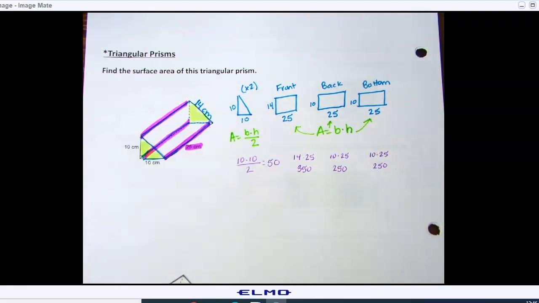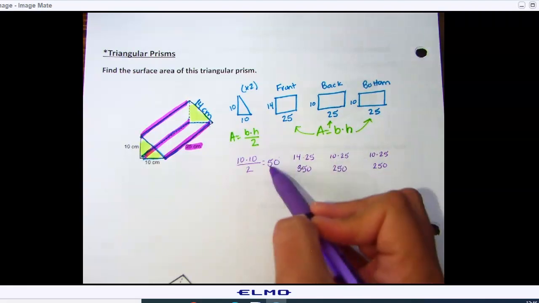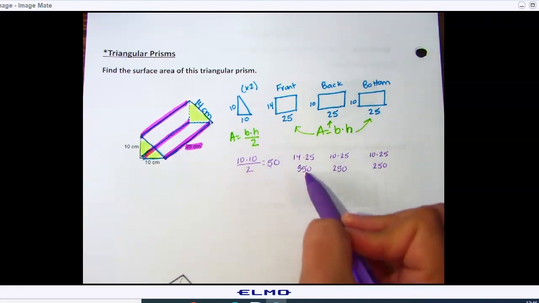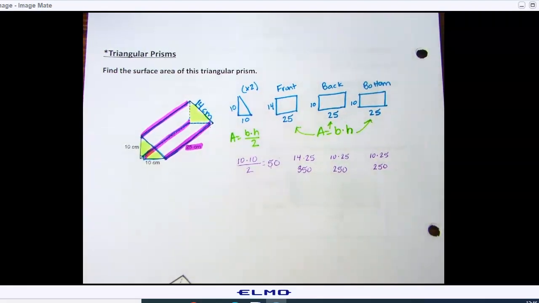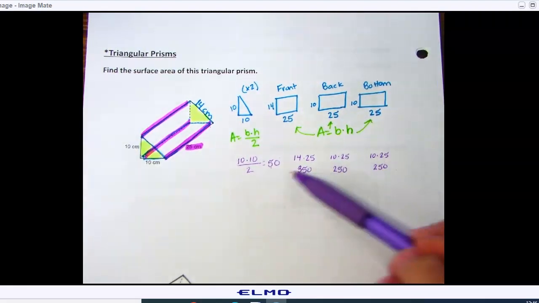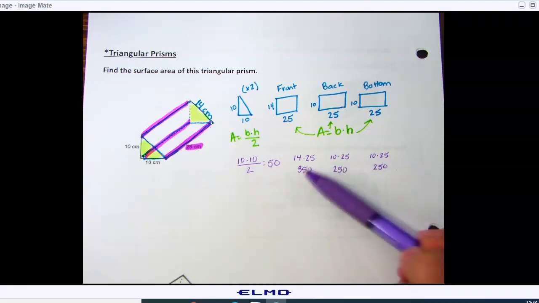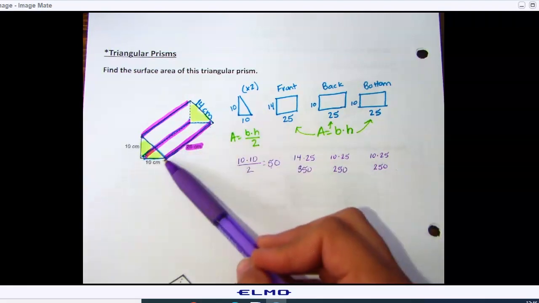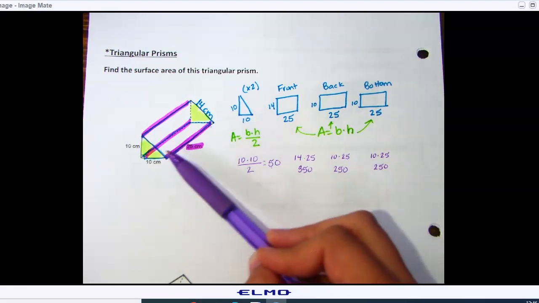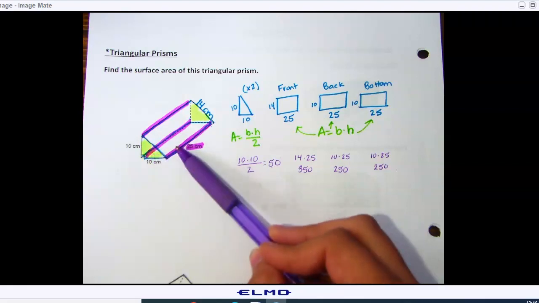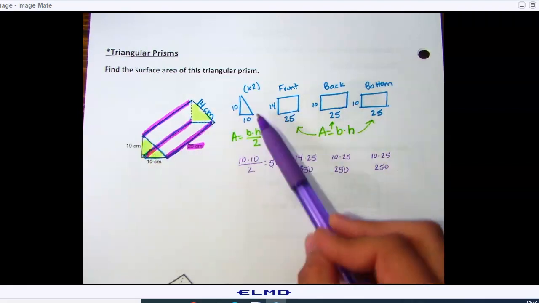Okay. So we have one triangle that is 50, rectangle, rectangle, rectangle. Well, that actually only gives us 4 faces. 1, 2, 3, 4. And if you count the faces on a triangular prism, we already know this from cross sections, but there's 5 because you've got 3 rectangles and 2 triangles.